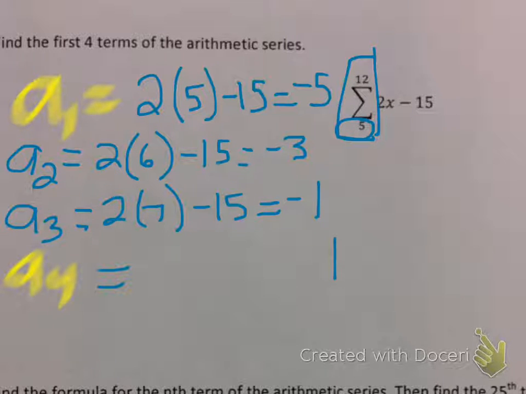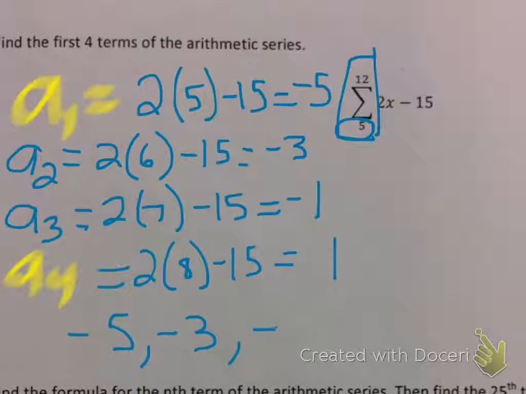But if you can't see that, then just simply substitute in that next number and see. That would be 16 minus 15, which is 1. So the first 4 terms of my arithmetic series are negative 5, negative 3, negative 1, and 1.